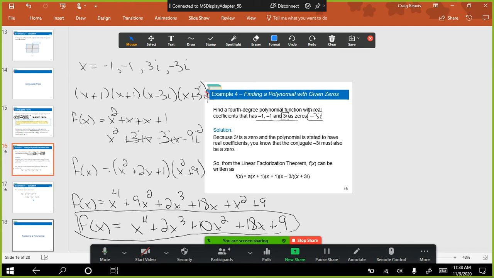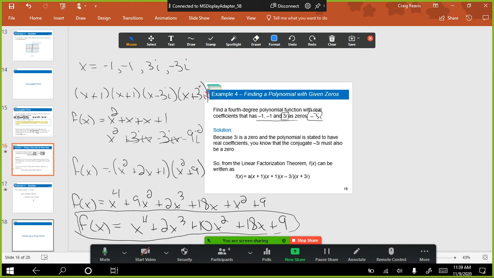Okay? So if you have the zeros given to you and it wants you to find a polynomial, you simply take those zeros and put them in the factors they would have come from. Right? -1 comes from the factor of x plus 1. 3i comes from the factor of x minus 3i, and so on.